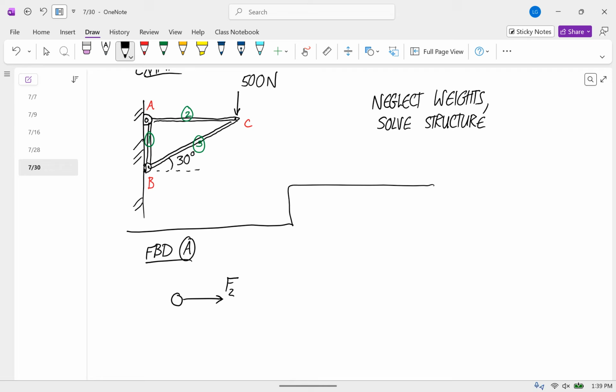But the default direction is always going to be tension. And then member 1 is going to be applying a force this way. And then a pin joint applies an unknown force vector. And so I'm going to call this reaction force RA.